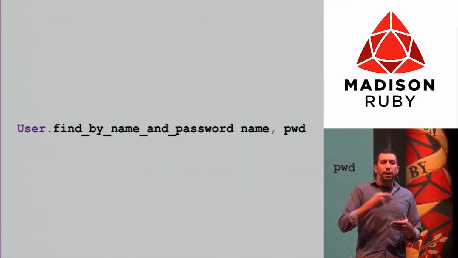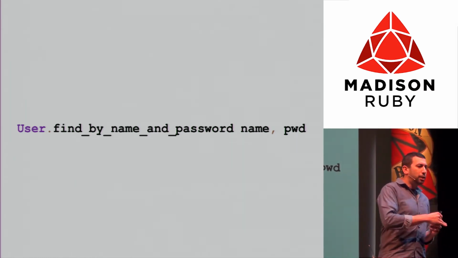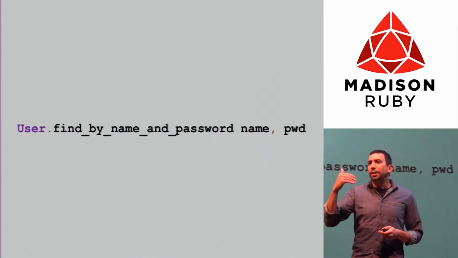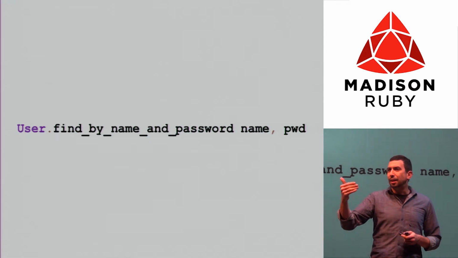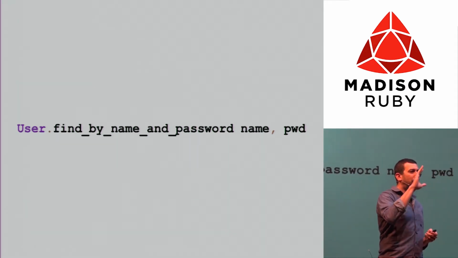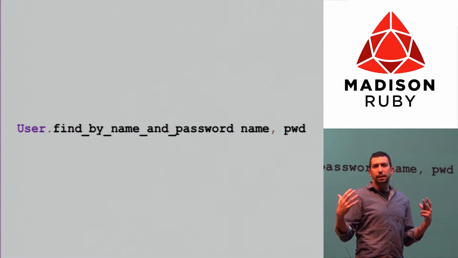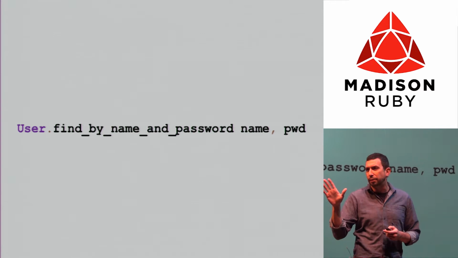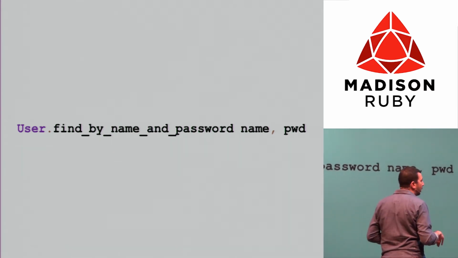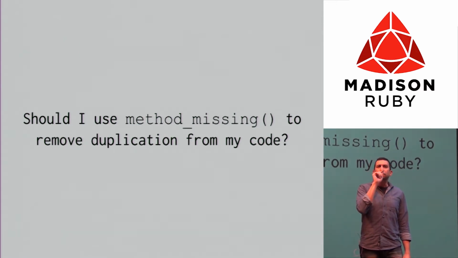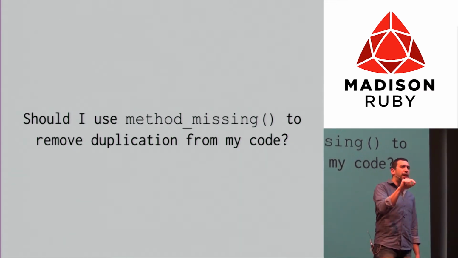You can have find_by_name_and_password, find_by_password_and_name, find_by_name_password_email. You might have potentially thousands of methods. And to do this, if you have a very large namespace of methods, then you really want to use method_missing. That's not controversial. That's not what I'm going to talk about. End of disclaimer. What I'm going to talk about is using method_missing to remove duplication.